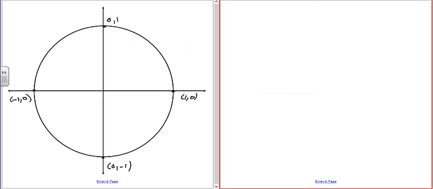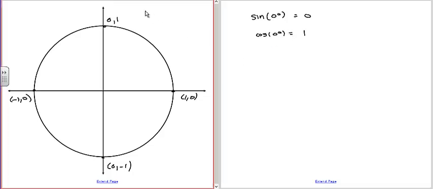So from that, just from this, we can say that the sine of 0 degrees is the x-coordinate, 0, and the cosine of 0 degrees is 1. That's the y-coordinate. So what I'm going to do is write that out here. The sine of theta, the angle, is equal to the y-coordinate, and the cosine of theta is equal to the x-coordinate.